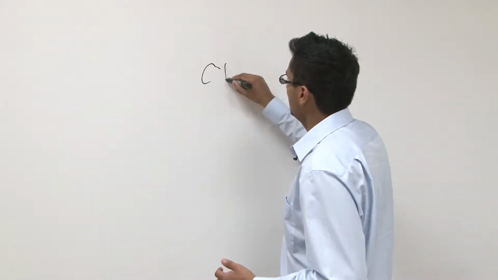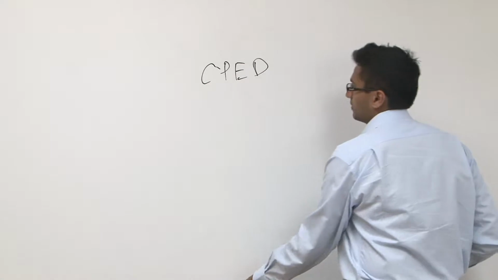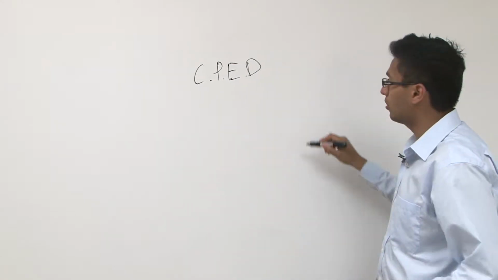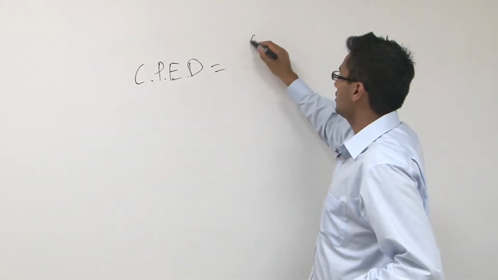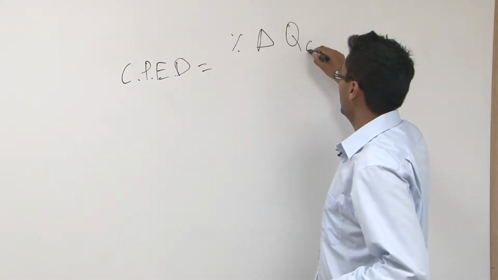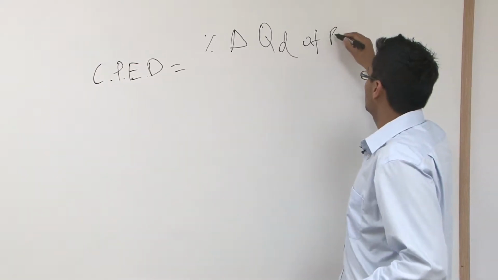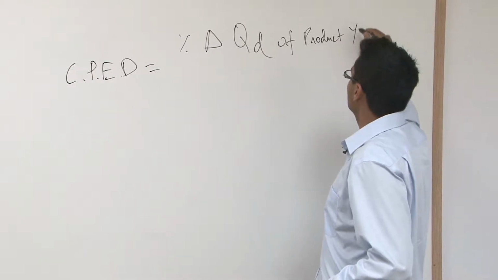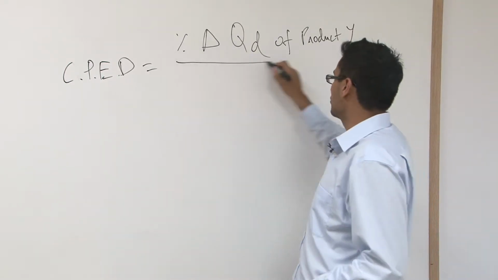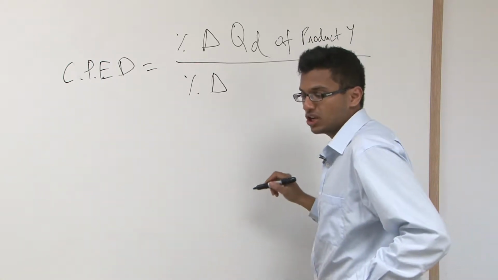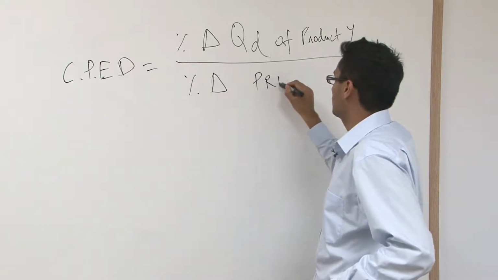One of the ways to get this down is through the formula. CPED, the cross price elasticity of demand, is equivalent to the percent change in the quantity demanded, and I always say QD for quantity demanded, of product Y. This is your product, product Y, over the percent change in the price of your substitute product.